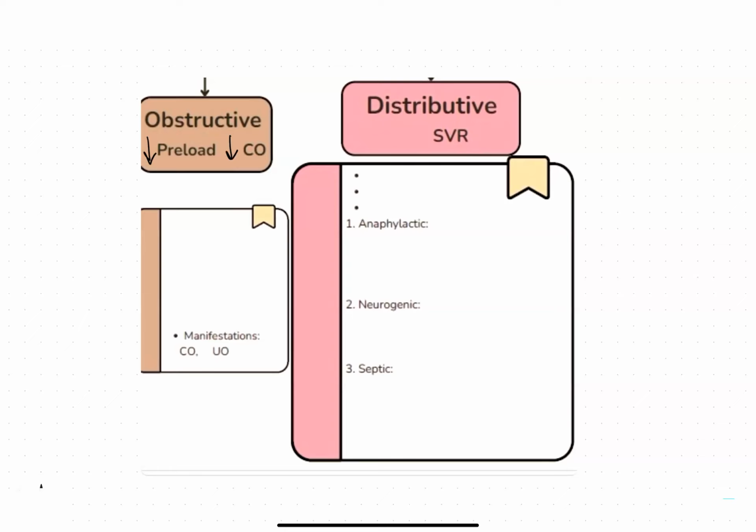Common causes of obstructive shock include pulmonary emboli, cardiac tamponade, and even tension pneumothorax.